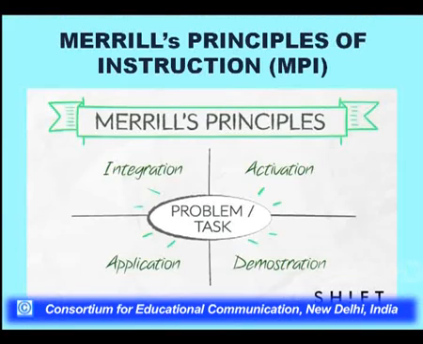You must be able to show him that this has happened because of these types of things. And then the third important principle is application. Application means that for the knowledge which you are going to give him, you must explain how he will apply it, how he is going to use it.